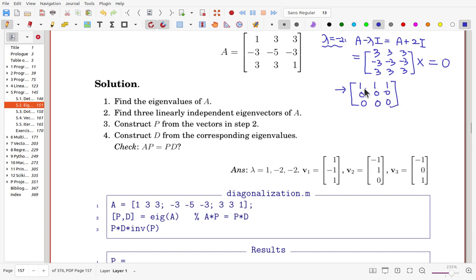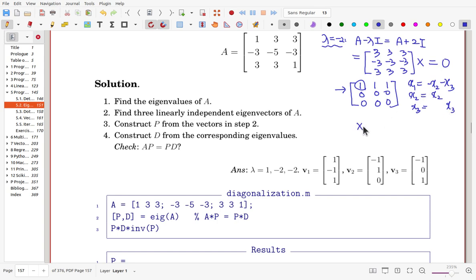That means that, I'm sorry, x1 is the basic variable, and x2 and x3 are free variables. From here now, x1 equals minus x2 minus x3, and x2 and x3 are free variables. So we have x2 is x2, x3 is x3.